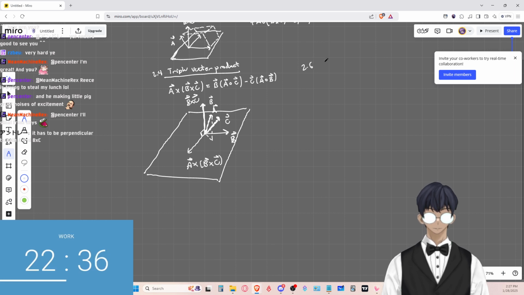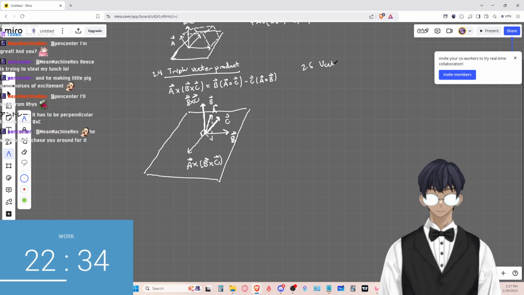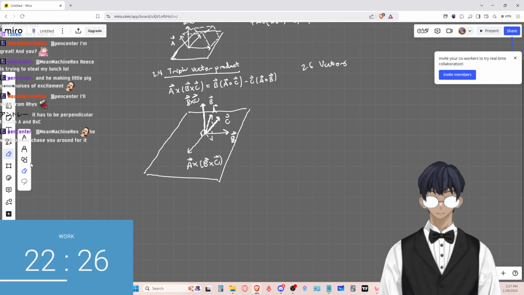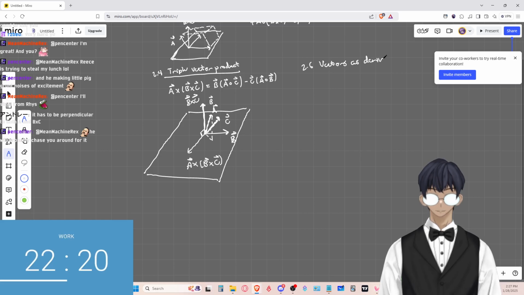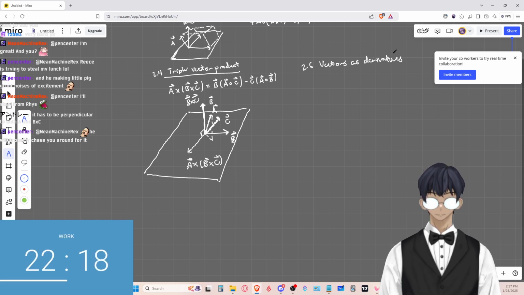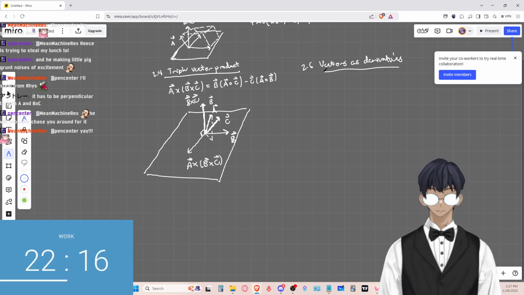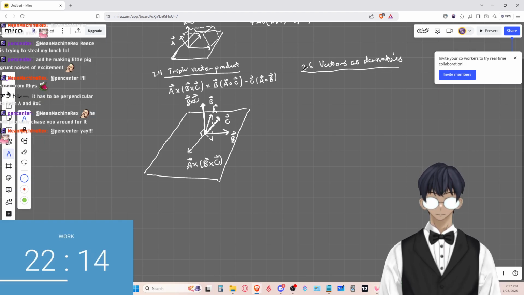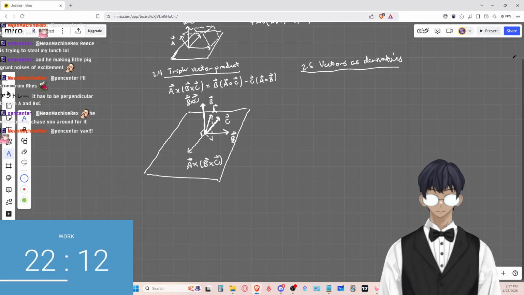So 2.6, vectors as derivatives. Oh, that is very messy. I apologize if my handwriting is very messy, guys.